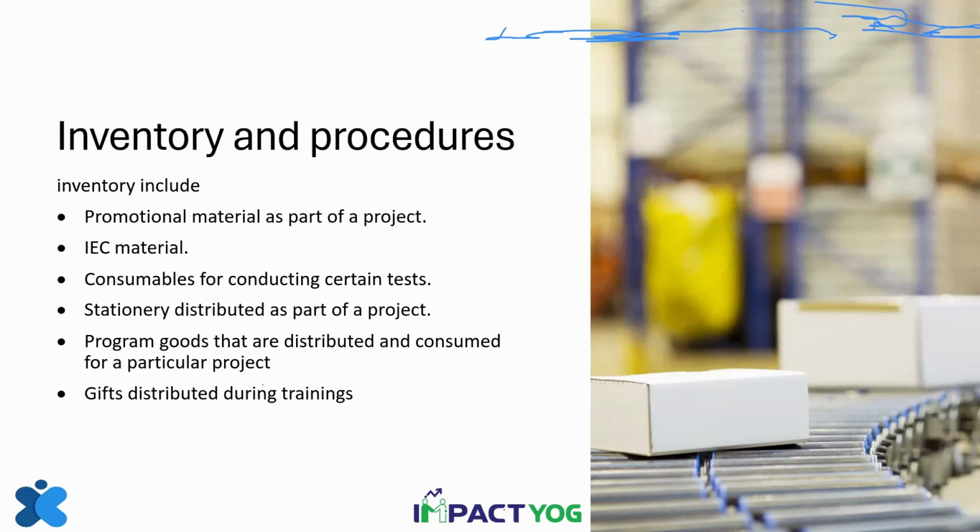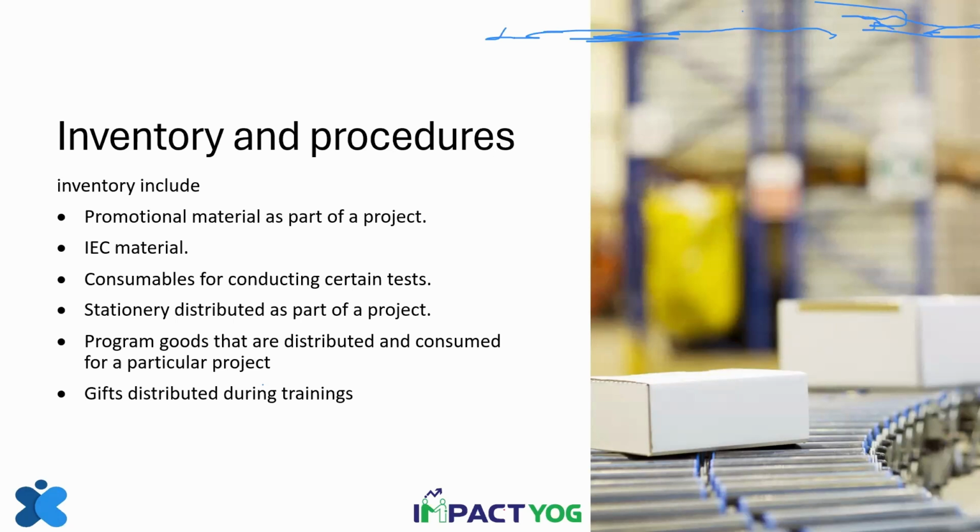Stationery distributed as part of a project, for example, for a training session, a notebook and pen, are program goods that are distributed to the beneficiaries. That is the distinction between program goods and other goods. Stationery may be distributed for office use also. IEC material is distributed to beneficiaries.